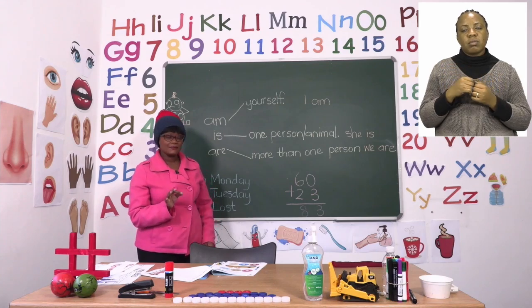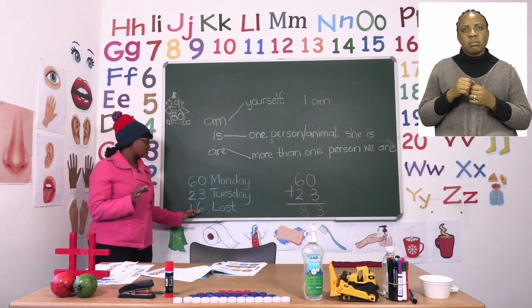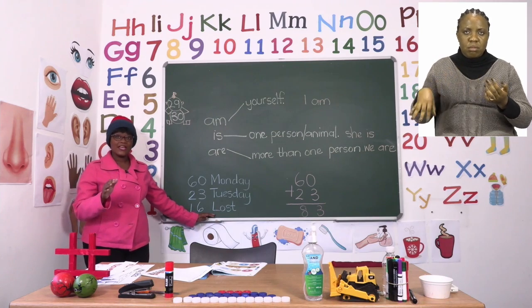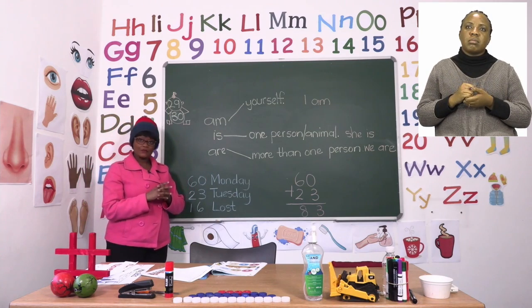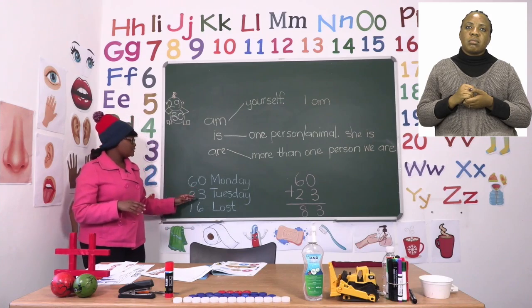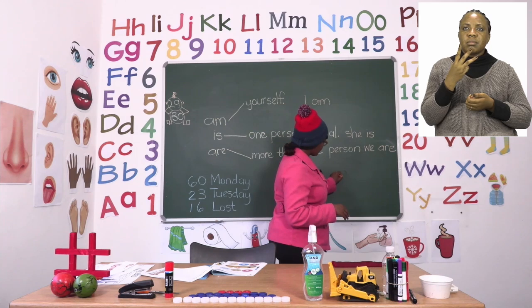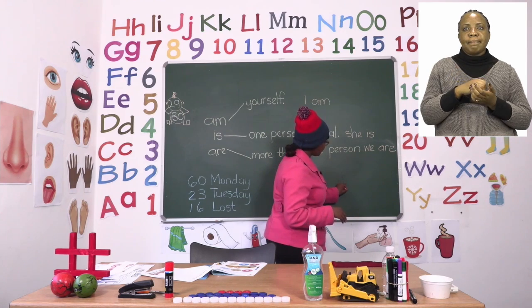And what are we going to subtract? Well, the bottles that got lost need to be subtracted or taken away from the total number of bottles. So we're going to say 83 minus 16.